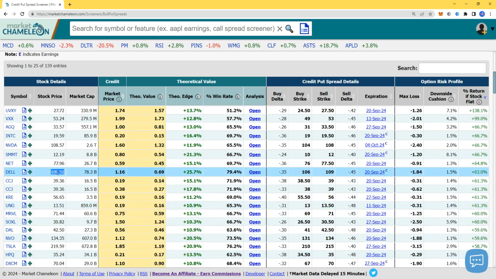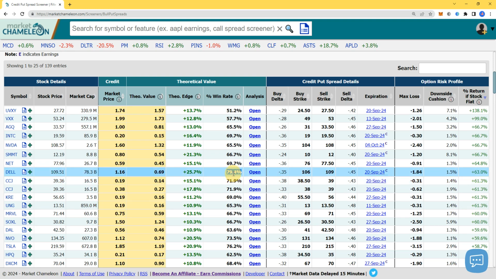So Dell, let's see what we got for Dell. Price 109.51. And it tells you the trade ideas, if you're bullish on Dell, to sell the 109 put and buy the 106 put, okay? And the 25% edge means that you are collecting upfront $116, but in reality you should have just collected $69.